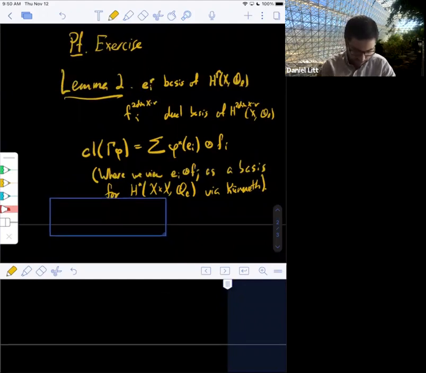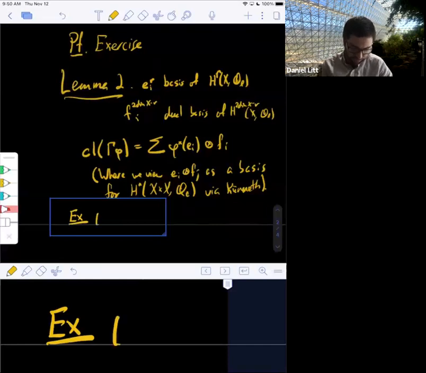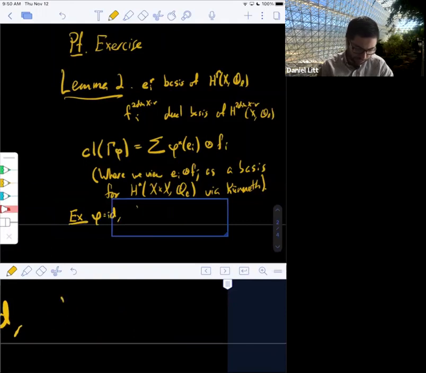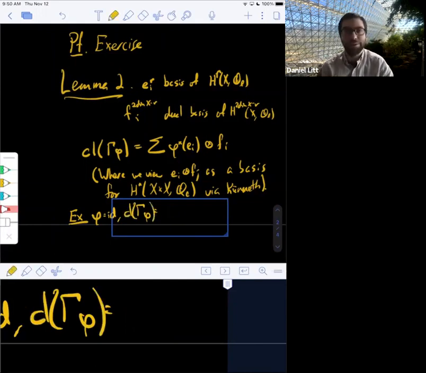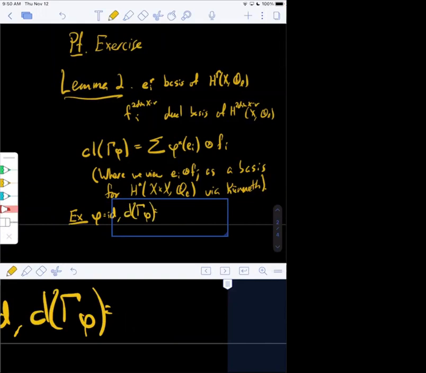So just as an example, maybe before the proof. If phi is the identity map, then we're saying that the cycle class of the graph of phi, well, that has another name. What's another name for the graph of the identity map? The diagonal? Yeah, it's just the diagonal. That's exactly right.